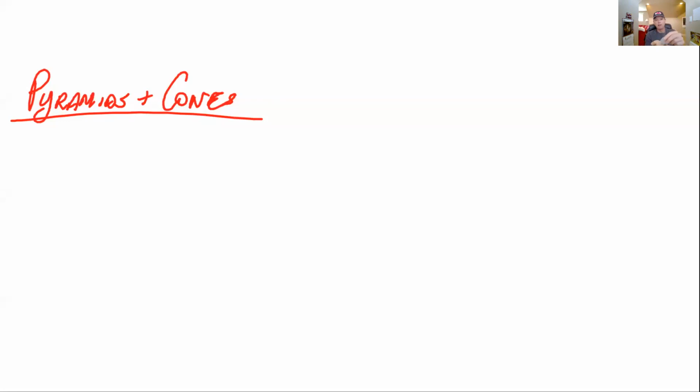We're talking about pyramids today, and this is a tea bag, a very fancy one apparently, that is built like a pyramid. I don't know if you can really see the shape here. It sits on a triangular base, and this is what we call a triangular pyramid. So it has a triangle base, and then there's three triangular sides that go up to a point.